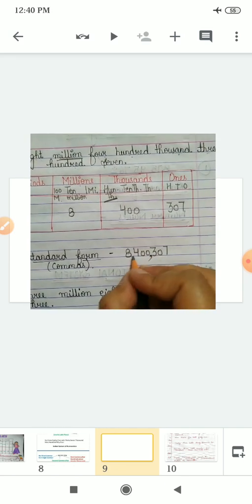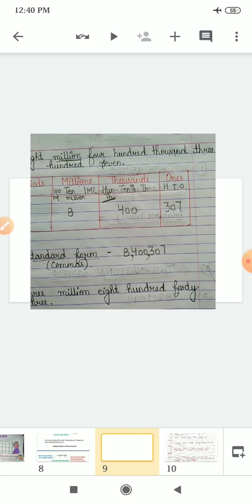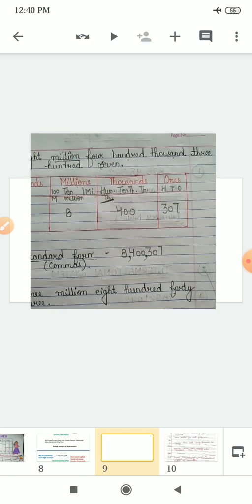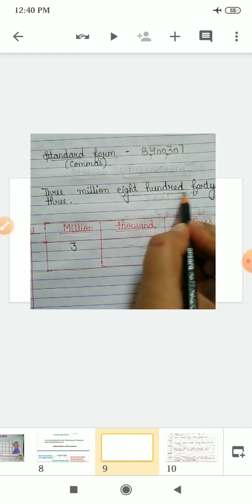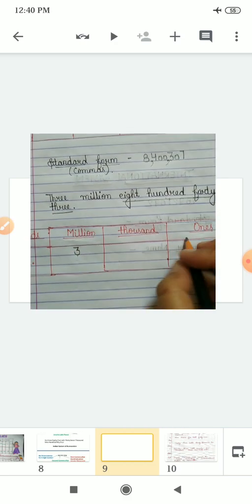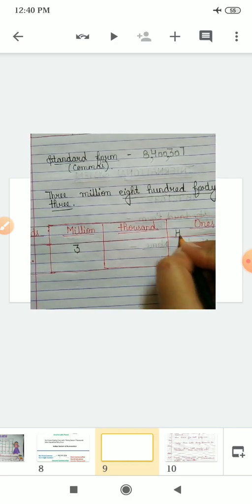It is 800, so 8, then 4 3 will be in the tens and ones places. This is remaining. Yes or no? Here is the 100,000 place, the 10,000 place, and here is the 1,000 place. So how many digits are remaining here? 3 digits, which means 000 will come here. Understood?